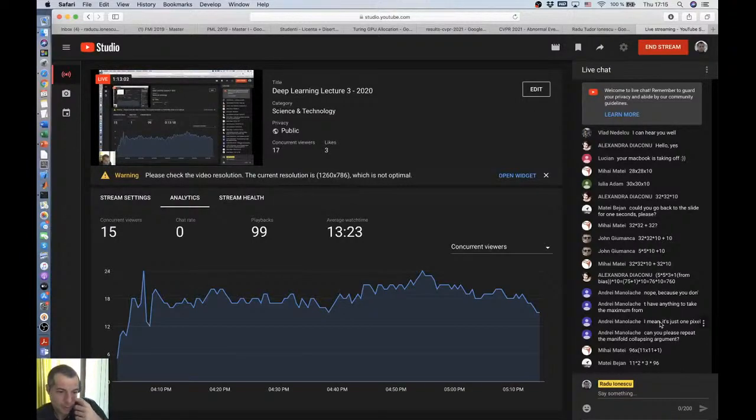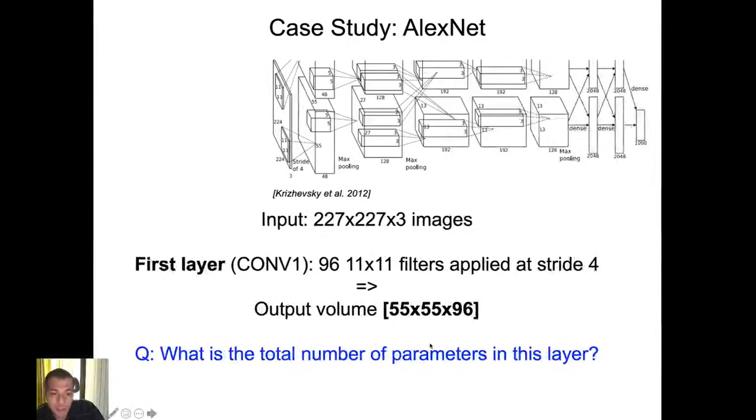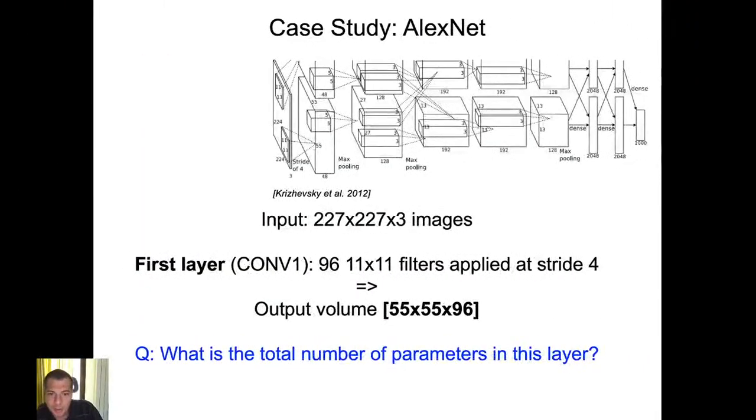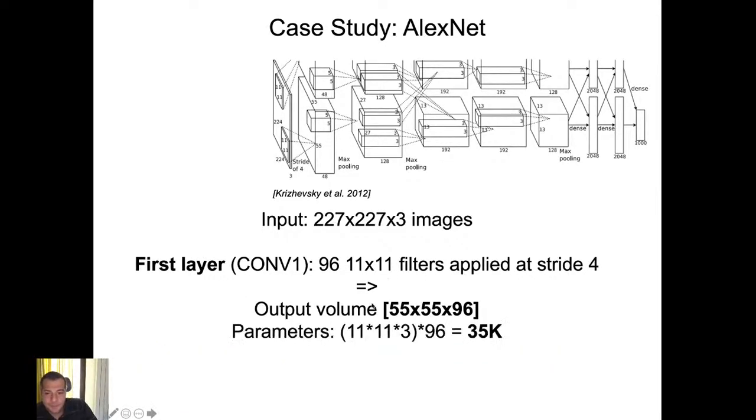But you're quite close. The main idea is that you have to remember, as Matei did, that the input has 3 channels. So the depth is 3, so each filter is 11 times 11 times 3, and you have 96 filters.